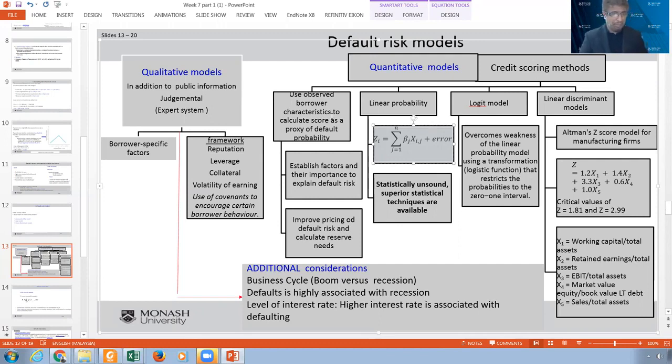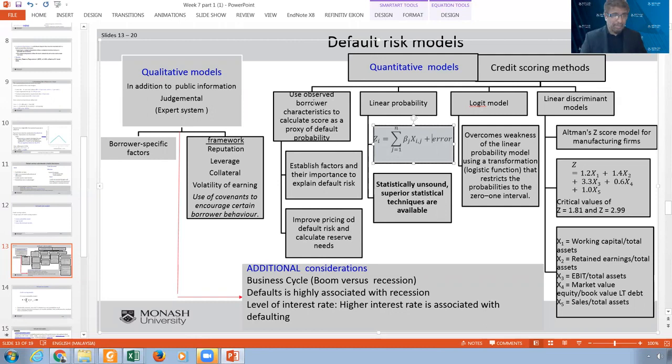When the client comes, we take the numbers from the financial reports, analyze them, and put the numbers in the model. Based on the benchmark, we decide whether to give the loan or not, according to the characteristics or the financial abilities of the customer. This is the quantitative part.